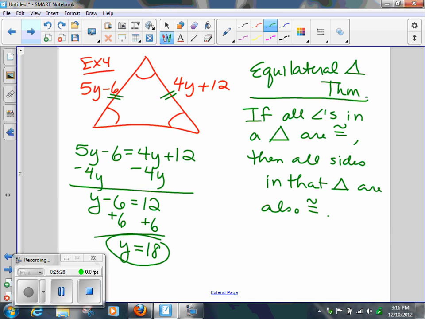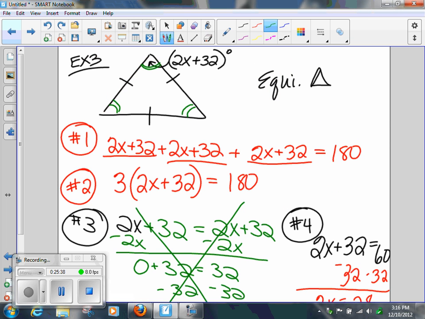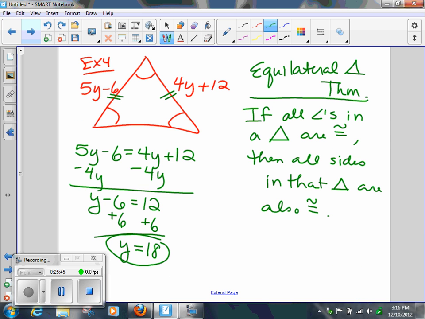I'm given side information. This is side info. When we're dealing with angles, it's 180. When it's sides, it's not. Then we would deal with perimeter maybe. Okay?